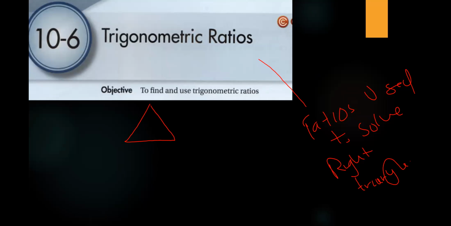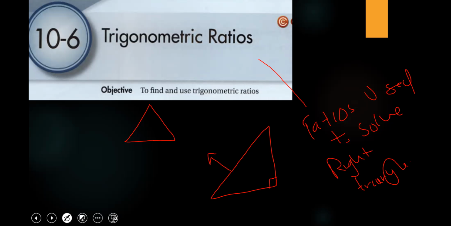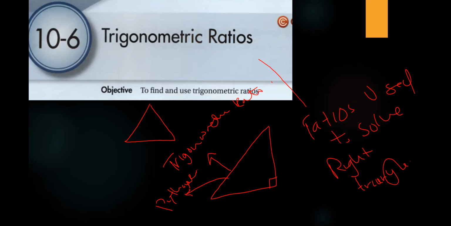Only for right triangle. So to solve the right triangle, you can use the trigonometric ratios or the Pythagorean theorem.